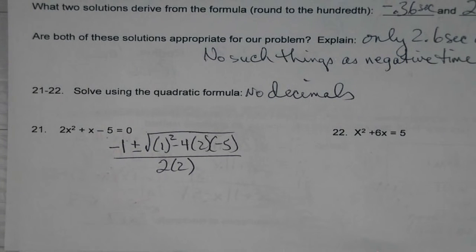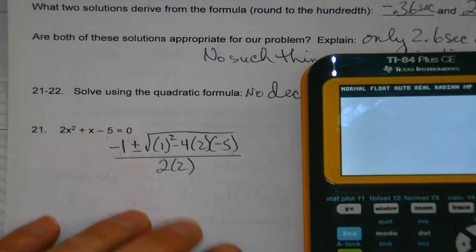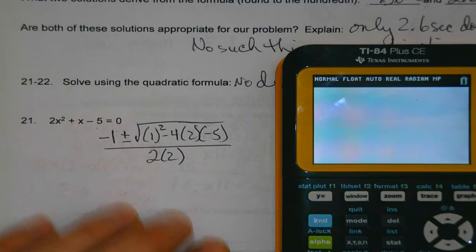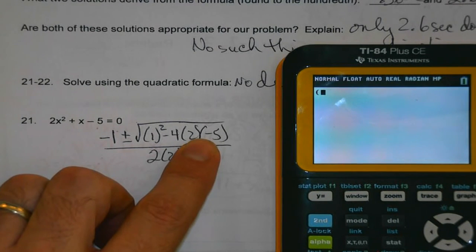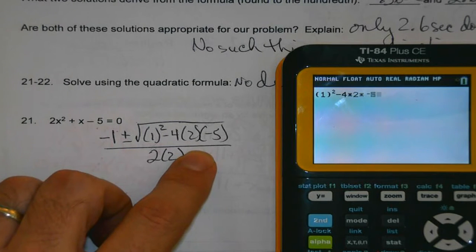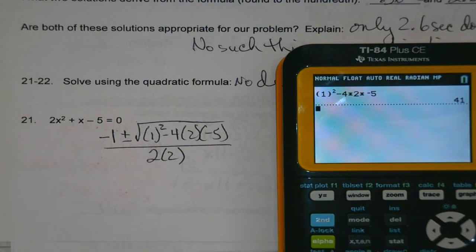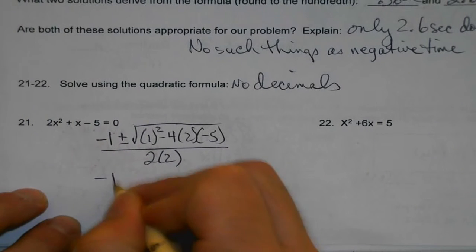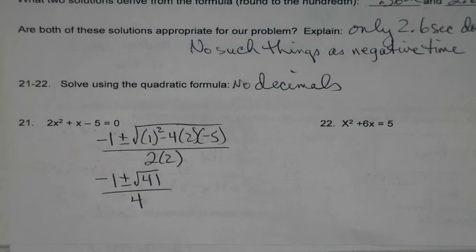This time we go after it a little bit differently. Because again, we don't want to do the decimals. So this time when I do this stuff, I'm not using the radical. Notice there's no radical there. And whatever answer I get, in this case the 41, I just put in there.